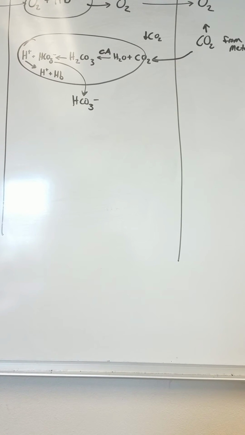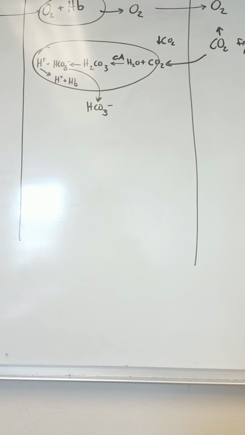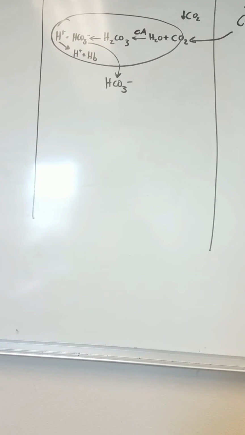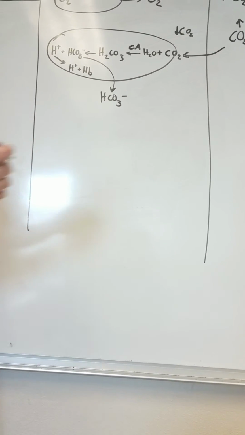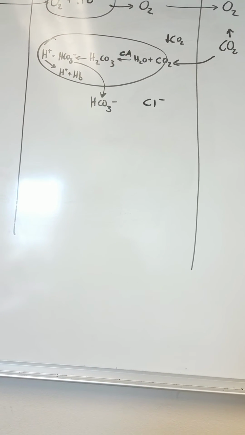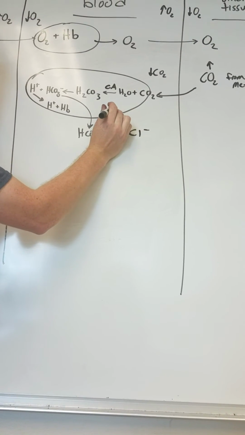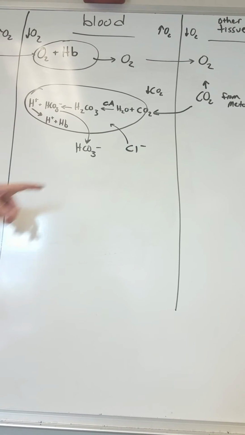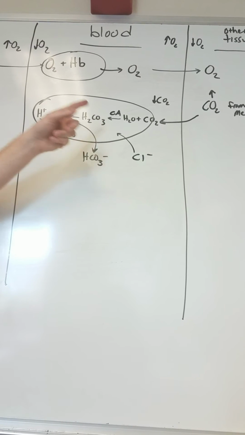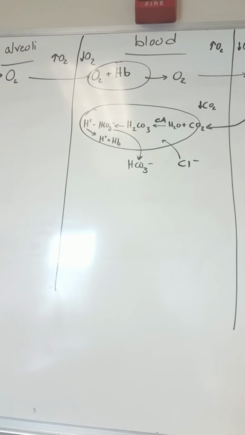Does anyone remember what goes in place of the bicarbonate ion? It's called the chloride shift. You have chloride ions in your plasma. Because you have a negative charge leaving the red blood cell, in order to balance that, it brings a negative charge back in. We're not going to worry about where this comes from or what happens once it enters. Just know that when bicarbonate leaves, you have chloride entering also.